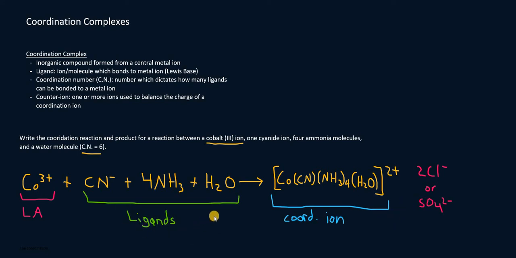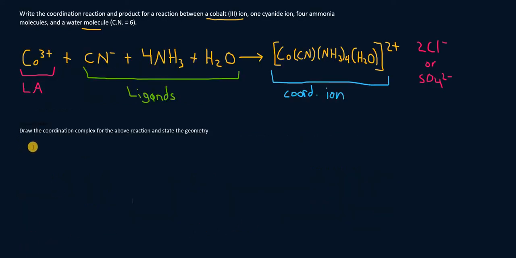So now let's take this a little bit further and look at how else you could see this asked. You may be asked to draw the coordination complex and state the geometry. To draw it, just take your coordination ion and draw what's called a stick and ball configuration. You can either do it based on Lewis structures, or you can draw the stick and ball. In this particular case, I'll just do the stick and ball.